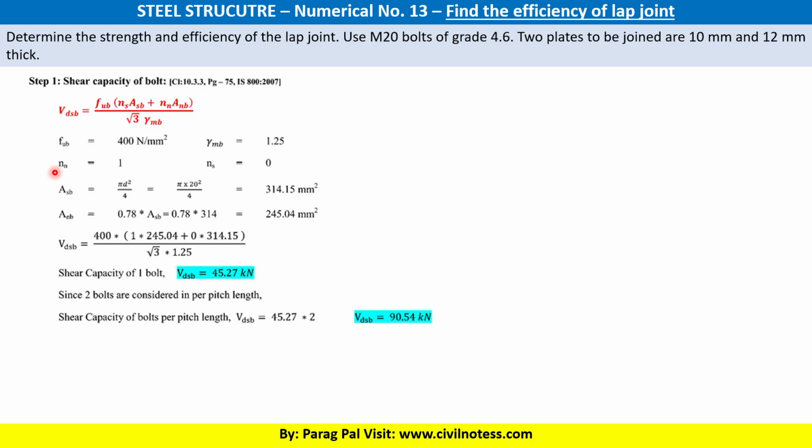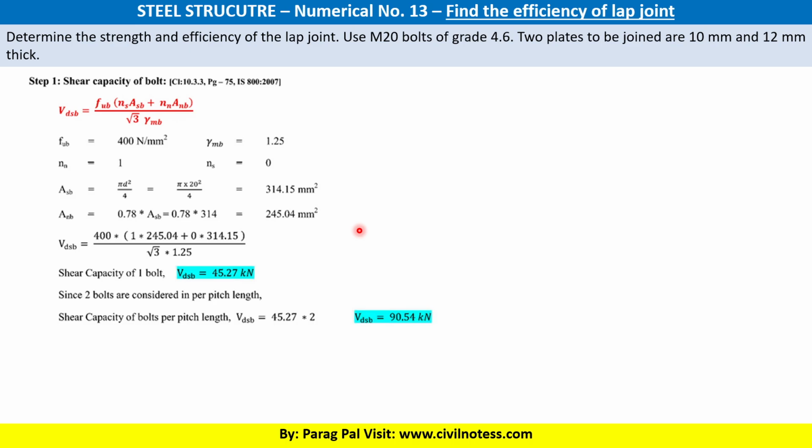ASB equals pi into d square upon 4, so pi into 20 square divided by 4, which gives 314. Multiplying by 0.78, you will get 245.04 mm square.